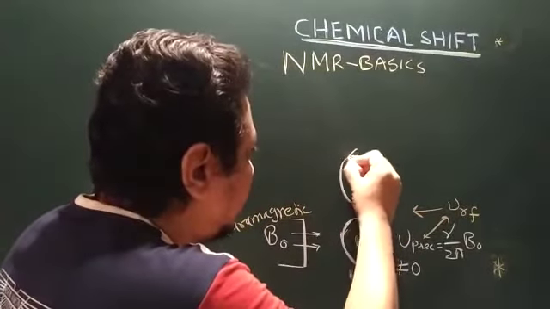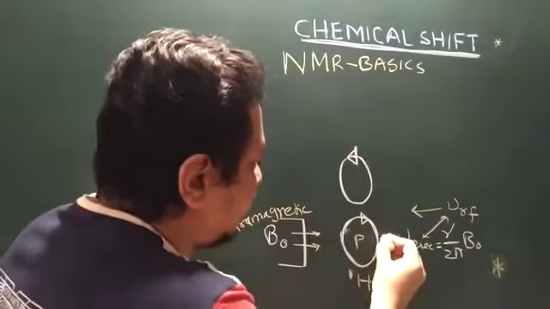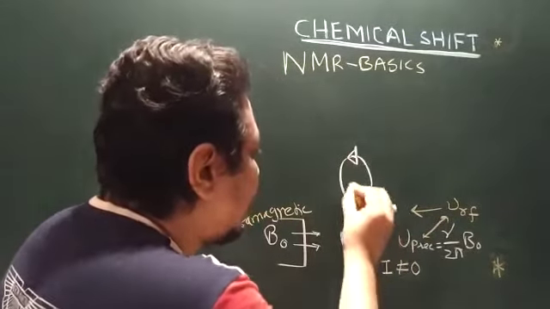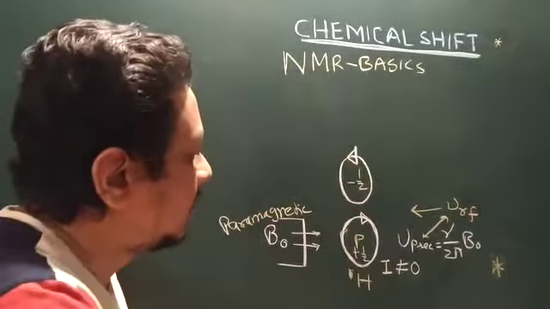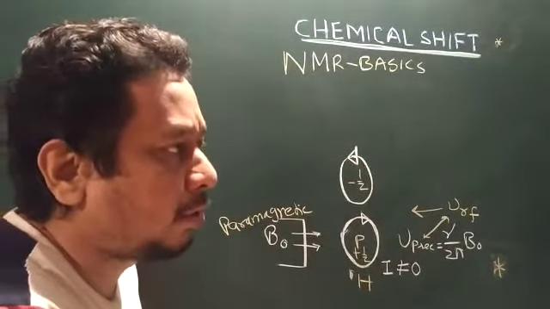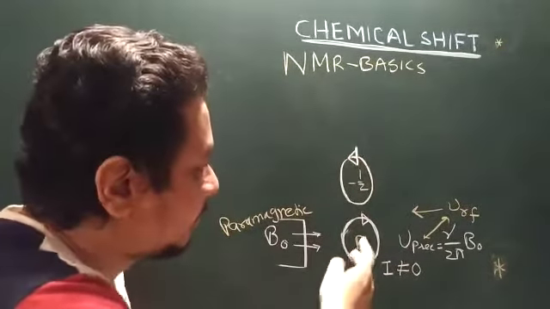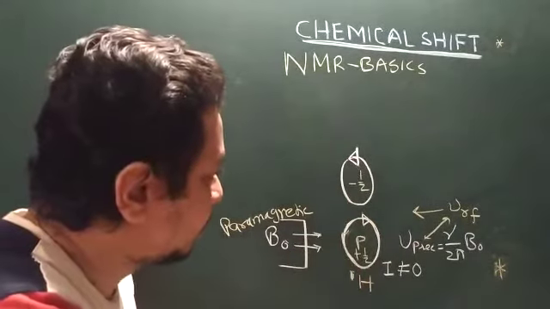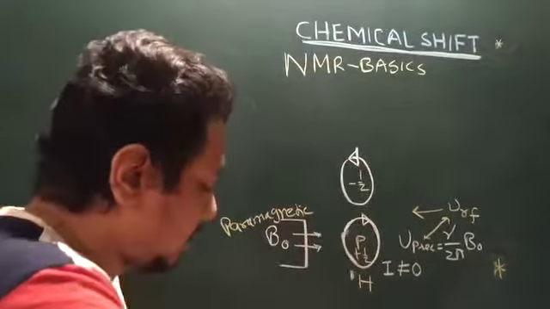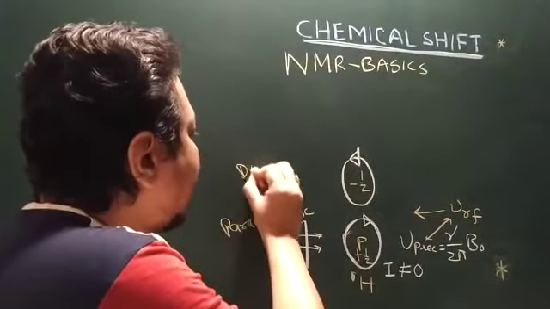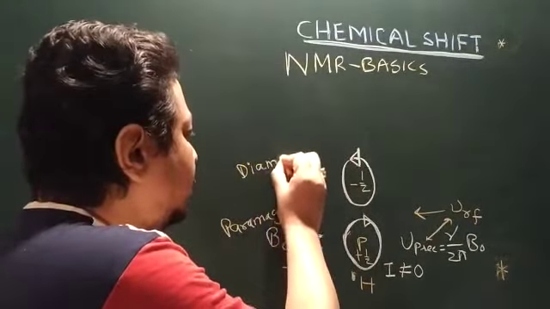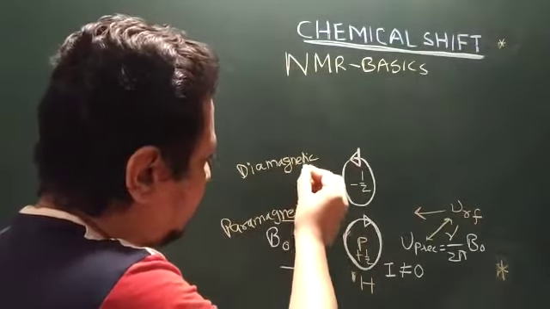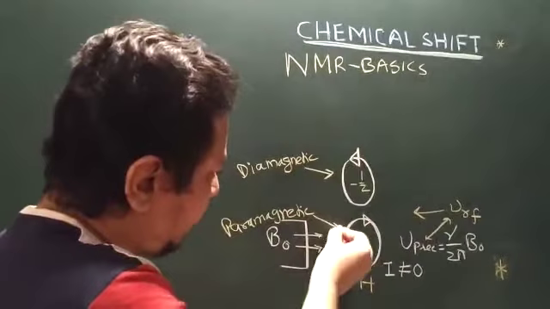So if this is plus half, the nucleus rotation becomes minus half. That's why nuclear magnetic moment can also be described as nuclear dipole moment, because it is a kind of dipole. This property is known as the nuclear diamagnetic property, because this is anti-parallel. So this is diamagnetic, this is paramagnetic.